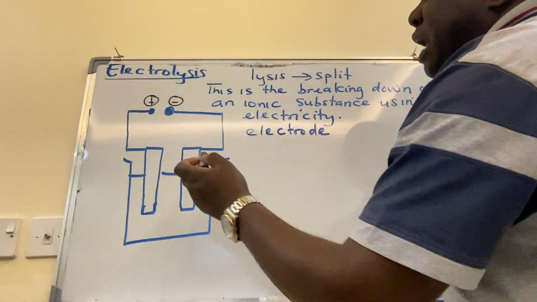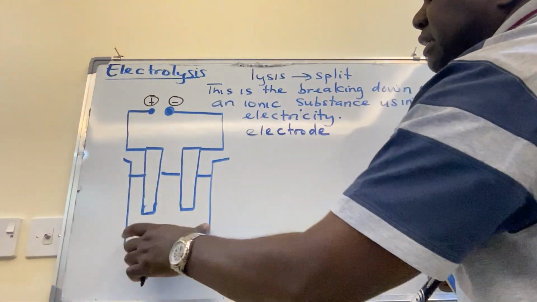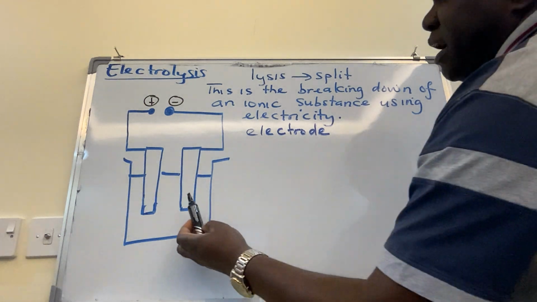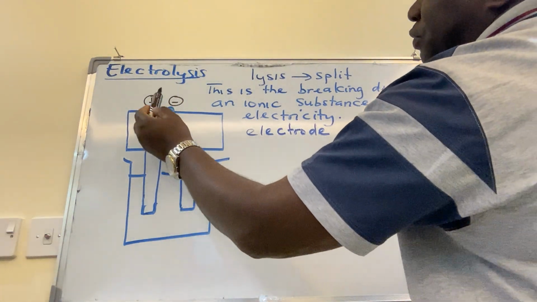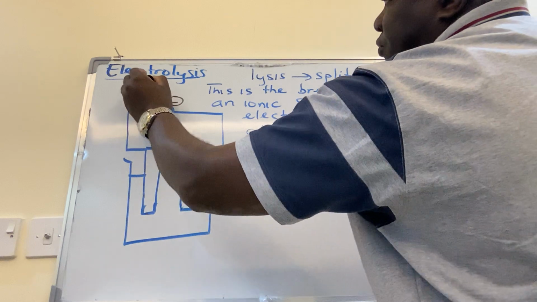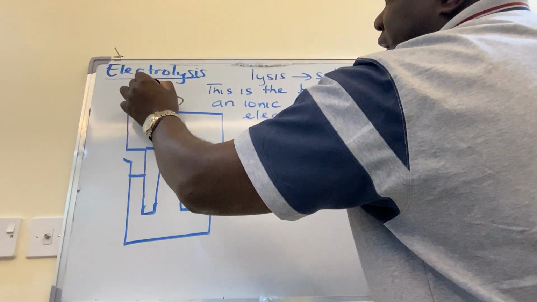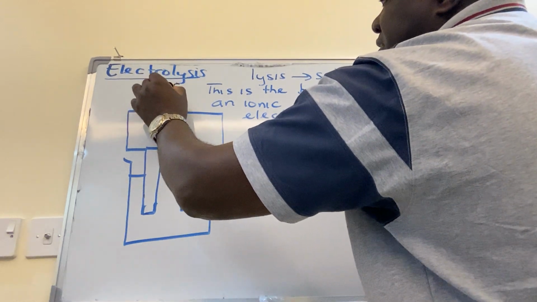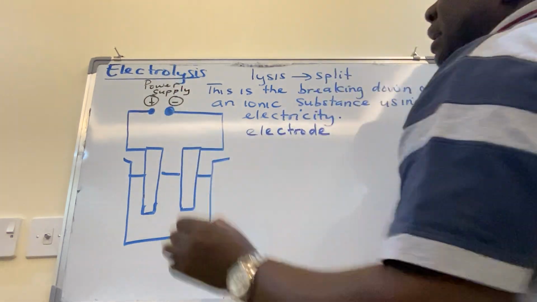Now, if you focus on this diagram, you're going to find out that there is a power source, which is labeled as positive and negative. That's our power supply.